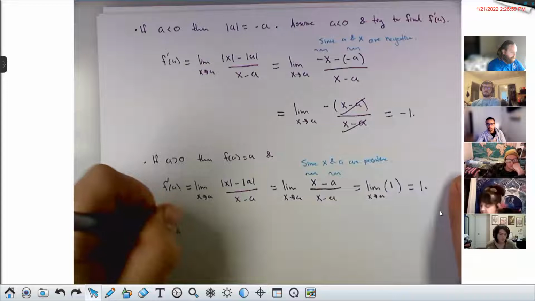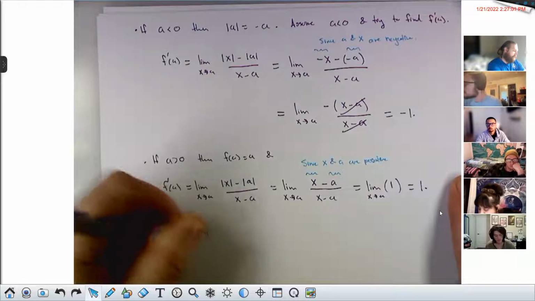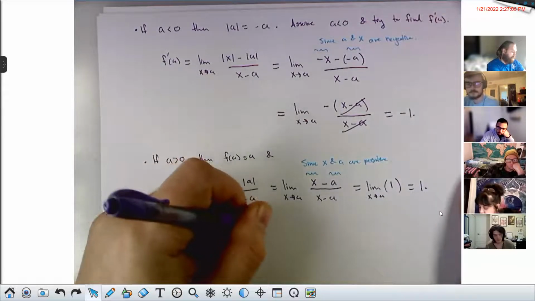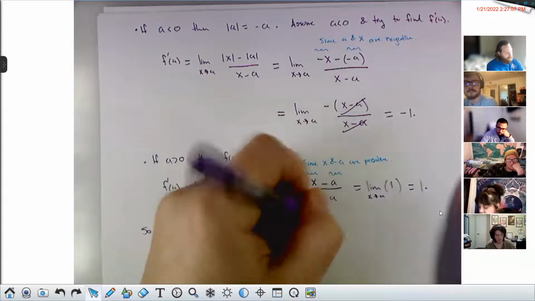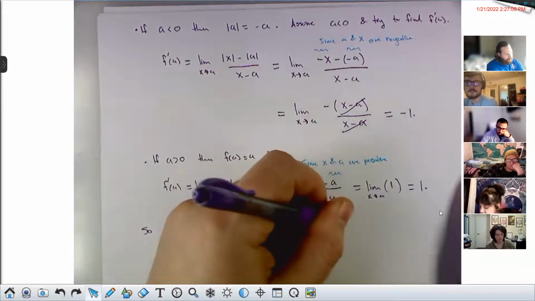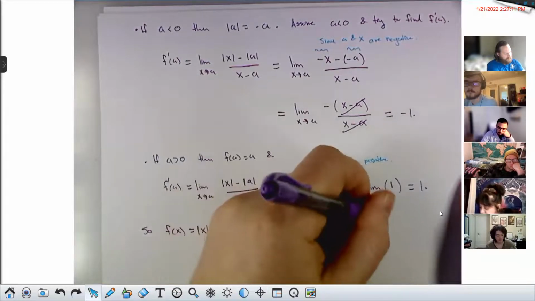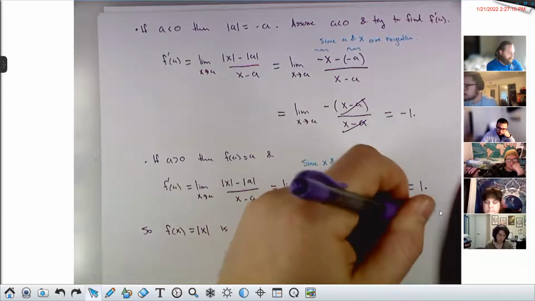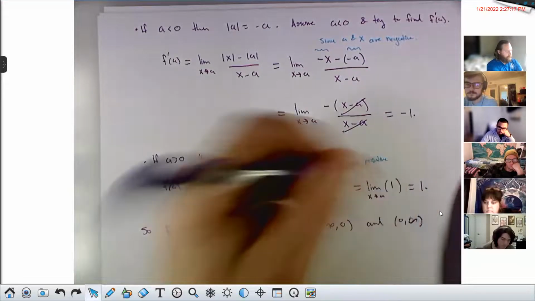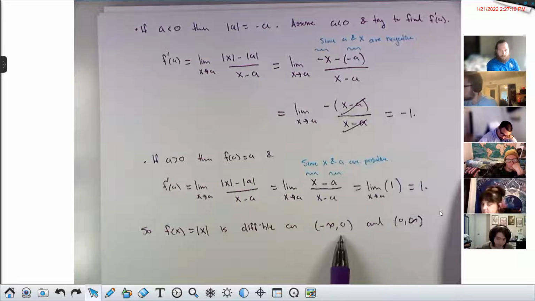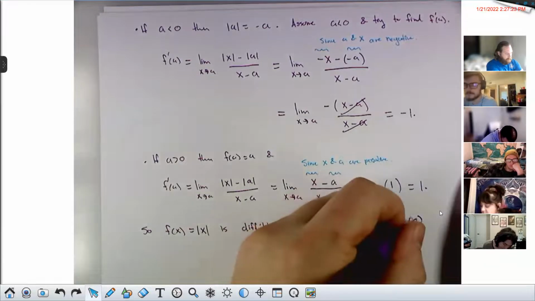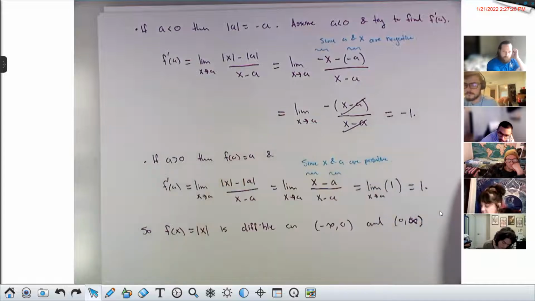So f of x equals absolute value of x is differentiable on the intervals -infinity to 0 and 0 to infinity. Right? Differentiable for every negative number and differentiable for every positive number. The question is, what about right at 0?